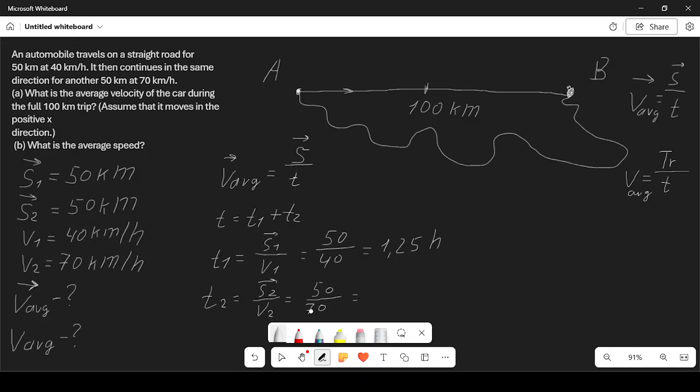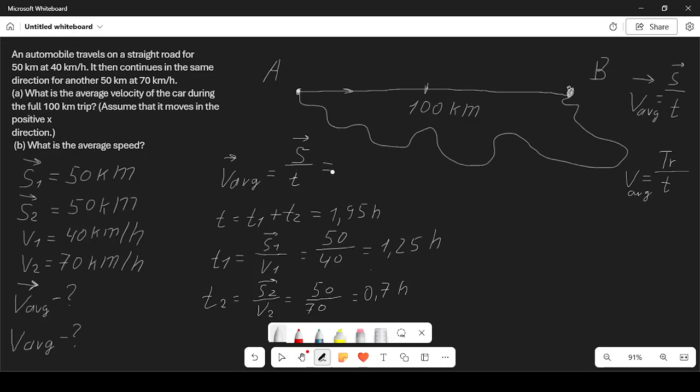So it's 5 divided by 7. 5 divided by 7 equals 0.7 hour. So 1.25 plus 0.7 is 1.95. 1.95 hour, almost 2 hours.